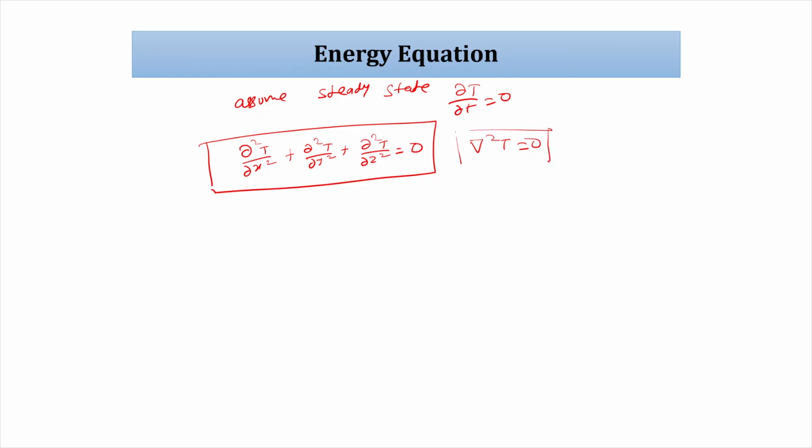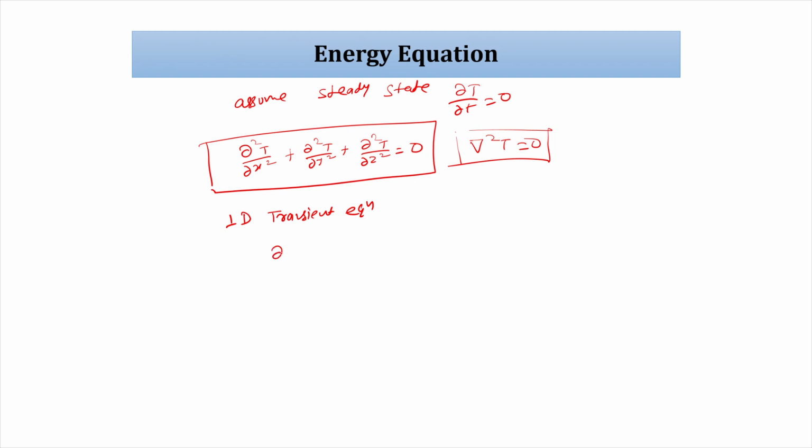Laplace equation we know. Okay. Now, someone saying one dimension, 1D transient equation, what is saying only one dimension.